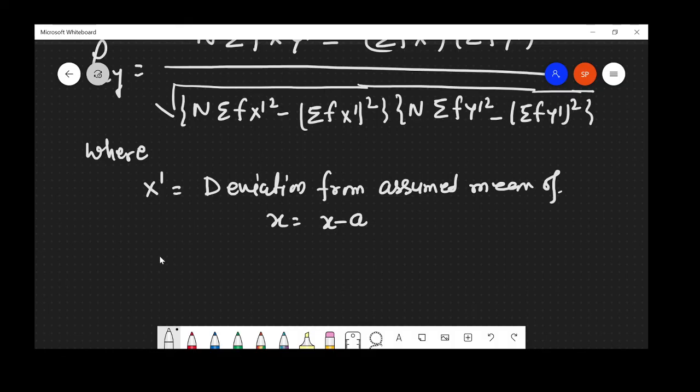A is the assumed mean, and y dash is likewise the deviation from the assumed mean of y.